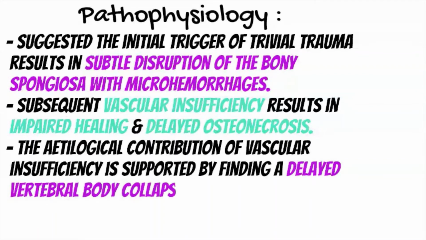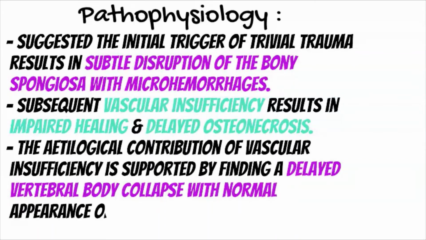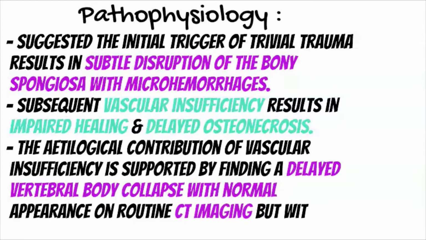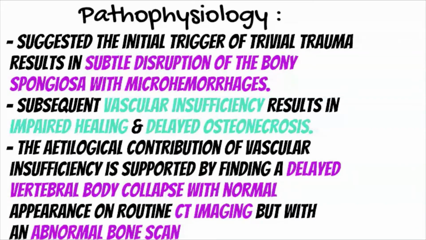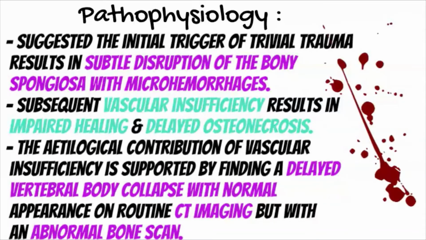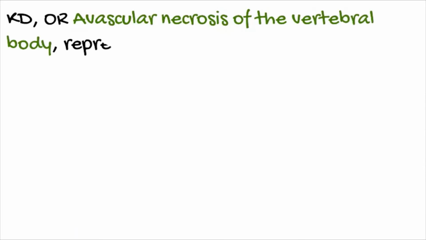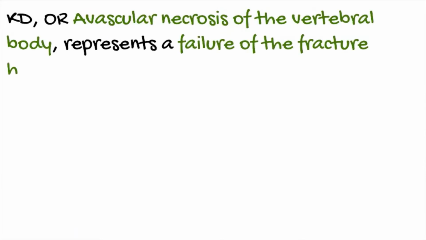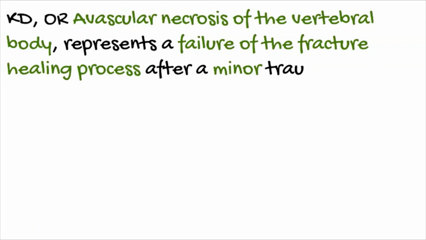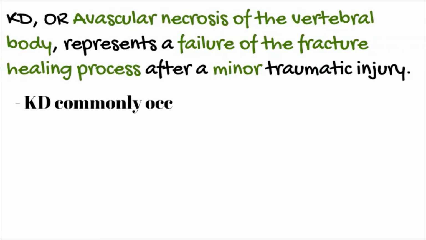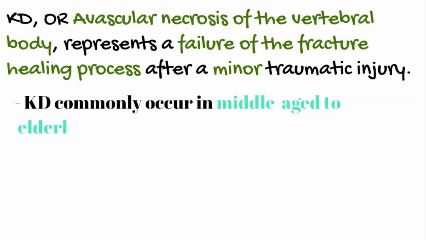The etiological contribution of vascular insufficiency is supported by finding a delayed vertebral body collapse with normal appearance on routine CT imaging but with an abnormal bone scan. Kummel disease, or avascular necrosis of the vertebral body, represents a failure of the fracture healing process after a minor traumatic injury.